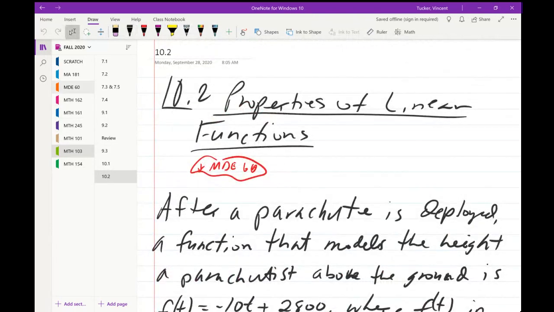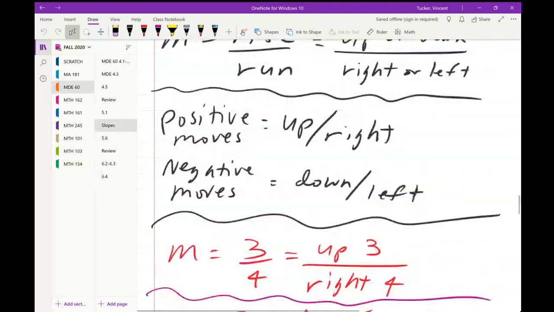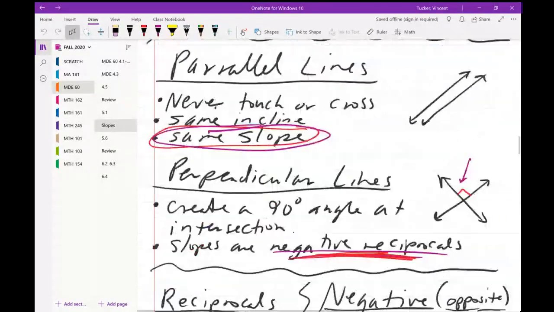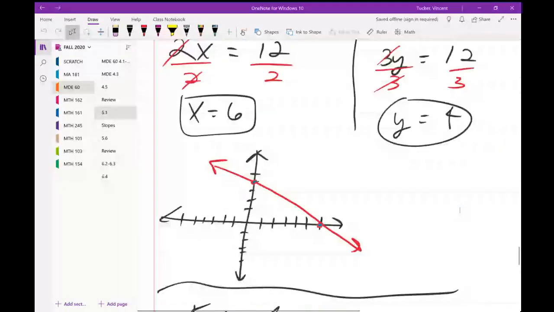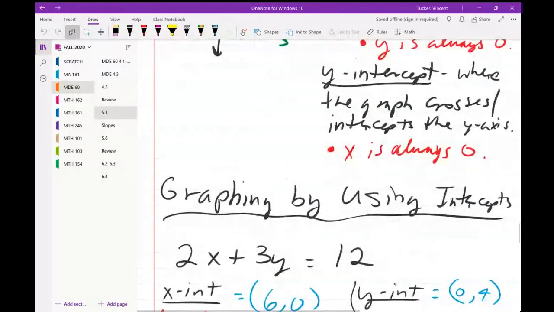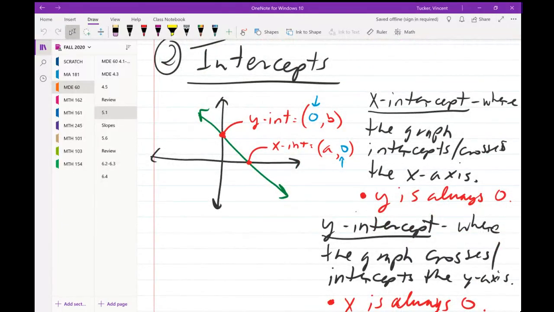Intercepts, that's right. All right, so this is where we start looking at our intercepts.